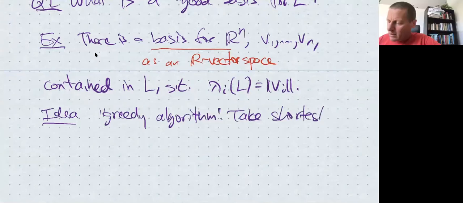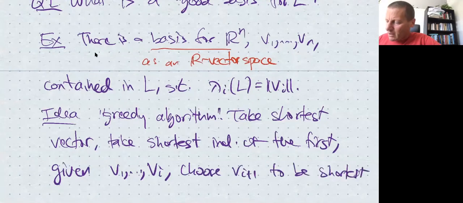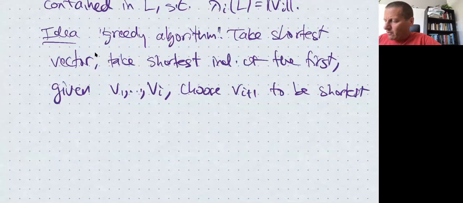Take v1 up to vi, and choose v_{i+1} to be the shortest such that v1 up to v_{i+1} are linearly independent.